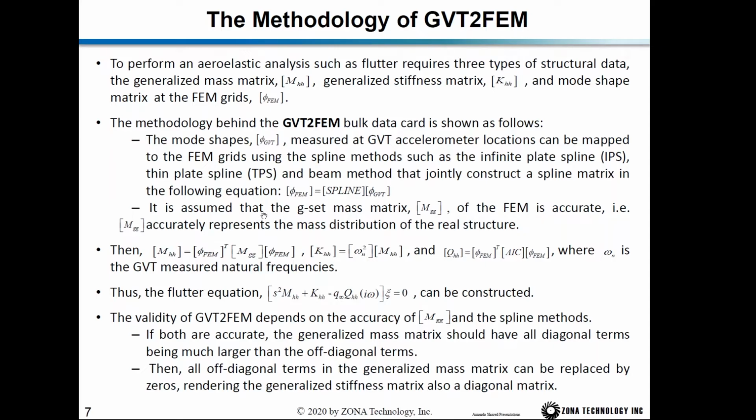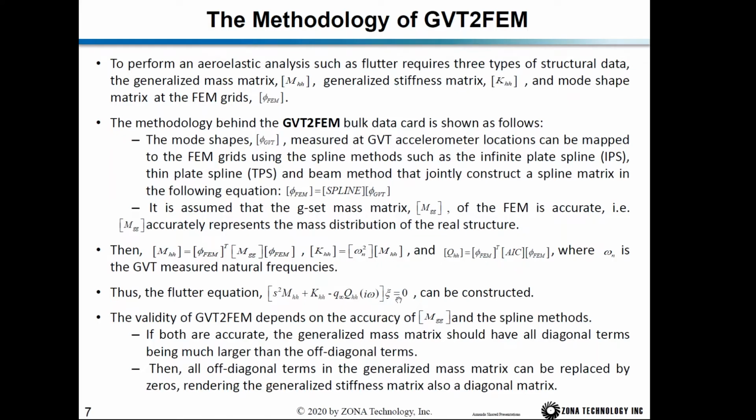So it is assumed that the GSAT mass matrix of the finite element model is accurate. So you can calculate the generalized mass matrix, and then the generalized stiffness matrix can be calculated from the natural frequencies measured by the GVT, and then also you can calculate the generalized aerodynamic forces from the AIC matrix.